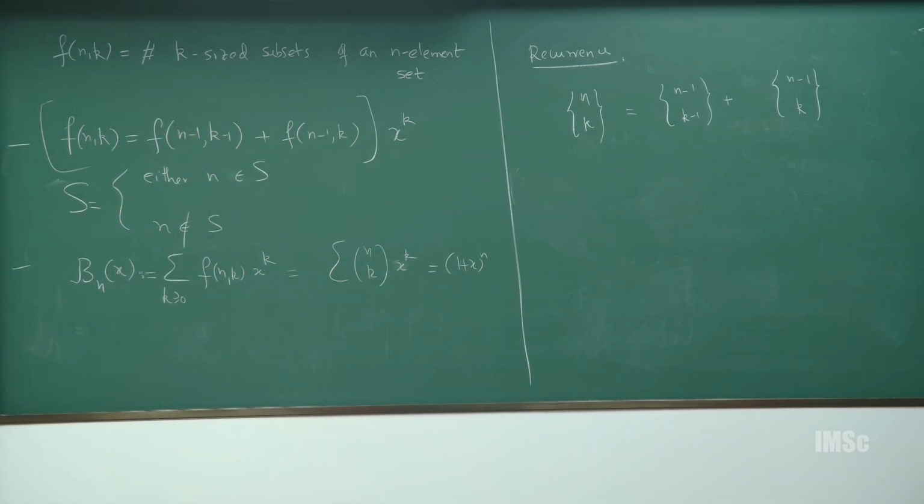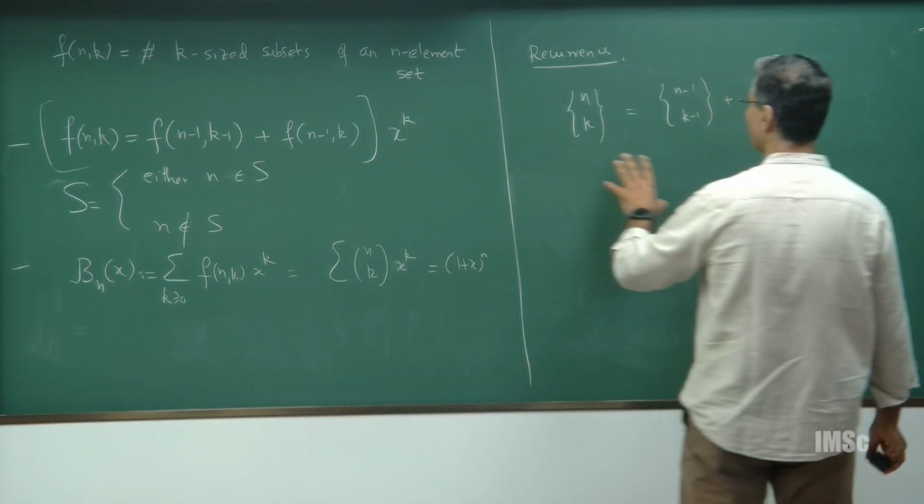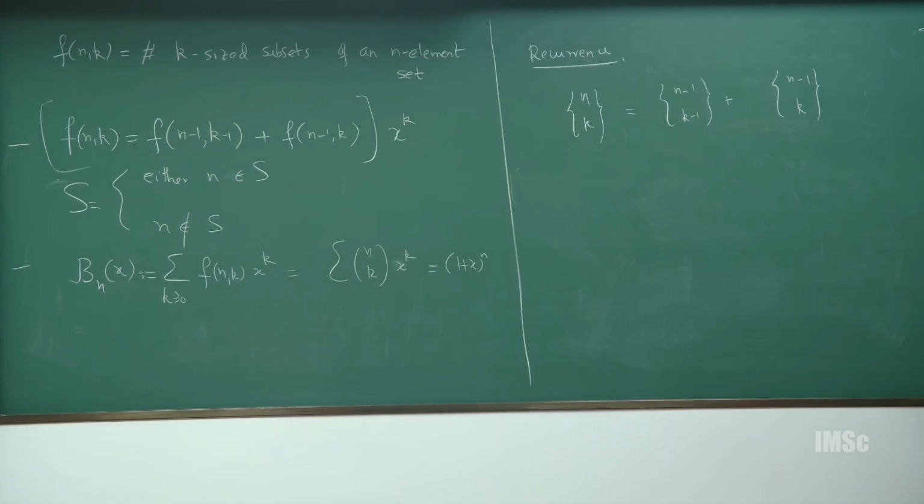So remember, how did we get this? We said, okay, a subset either has the last number or it doesn't have the last number. We want to do something similar here, right? So how can we reinterpret that and maybe correct it? So you have to have k partitions, right?